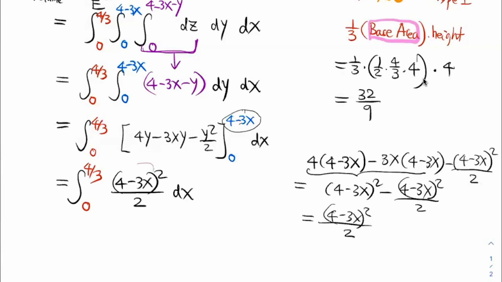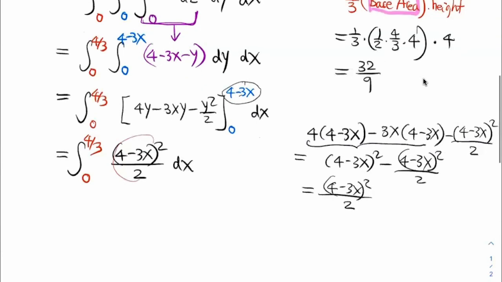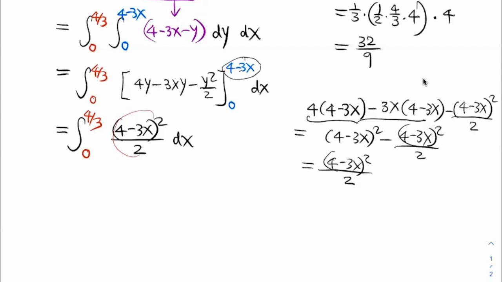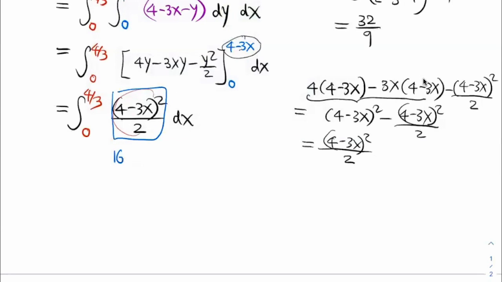For this one, maybe we should expand it so that we can integrate term by term. If we expand it, we get 16 minus 24x plus 9x squared, all over 2.